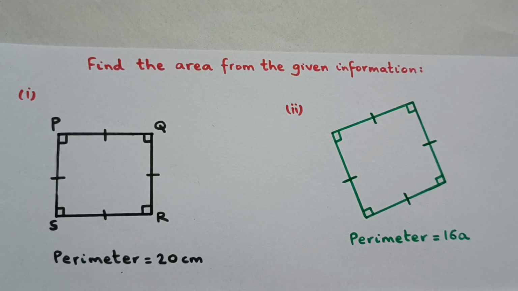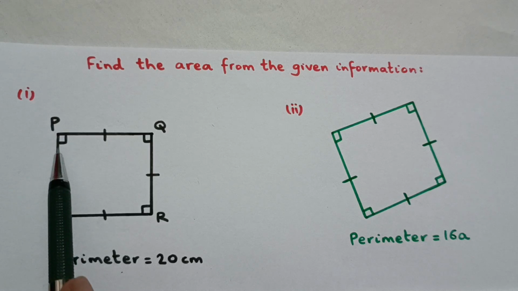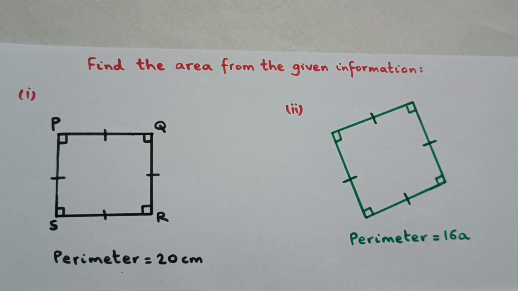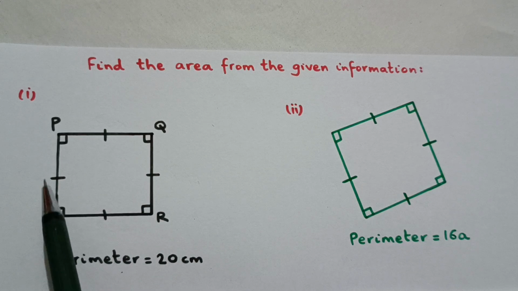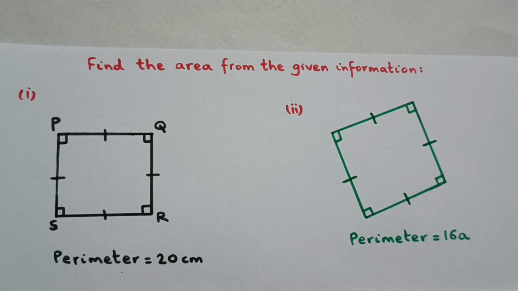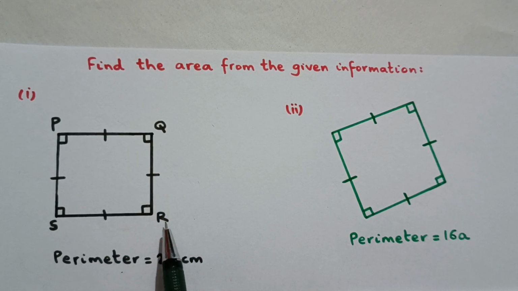So here in question number 1, the diagram that is given to us is that of a quadrilateral. So we have to find the area of this given quadrilateral. Let us call this quadrilateral PQRS. So we have to find the area of quadrilateral PQRS.